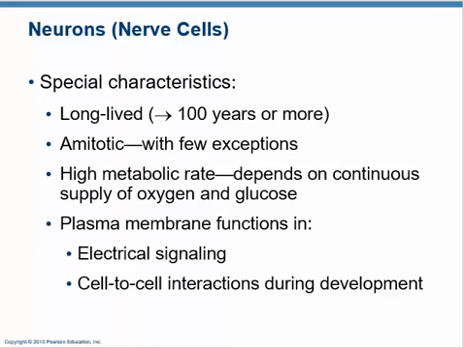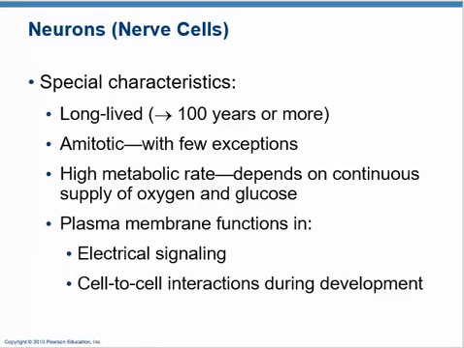Now, they only oxidize glucose because oxidizing fats gives ketones, and oxidizing proteins gives nitrogen, gives amines. And both of those things are damaging to the cells. And because they're amitotic, we don't want to damage them. So it uses a huge amount of glucose.